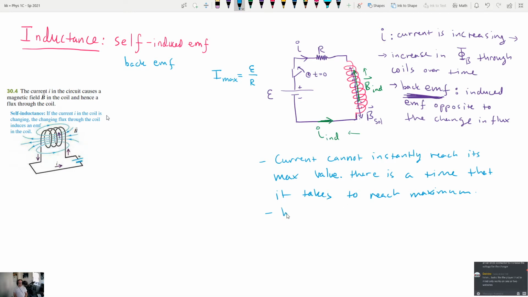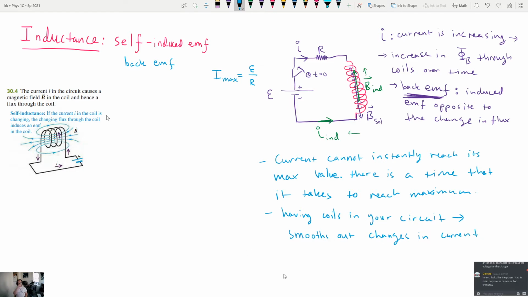That means having coils in your circuit leads to smoothing out current fluctuations. It smooths out changes in currents.